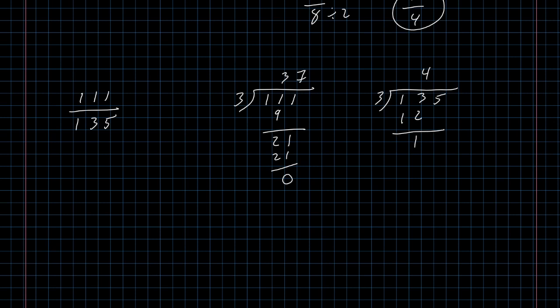Subtract that off, you get 1. Drop down the next digit, which is 5. 3 goes into 15 5 times. 5 times 3 is 15. Subtract that off, you get 0. And so we see that 111 divided by 3 is 37. 135 divided by 3 is 45.